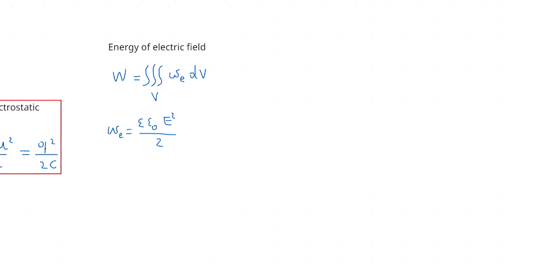But this energy density can be written in some other way. Let's remember that the electric displacement vector is equal to epsilon 0 epsilon E vector, and this can be written for absolute values for an isotropic dielectric.